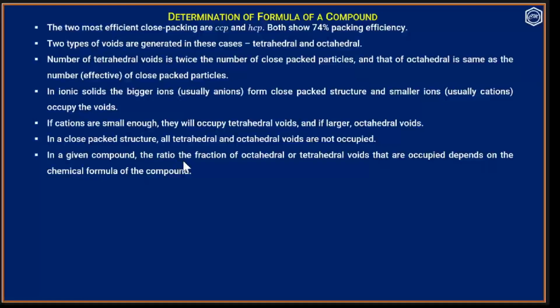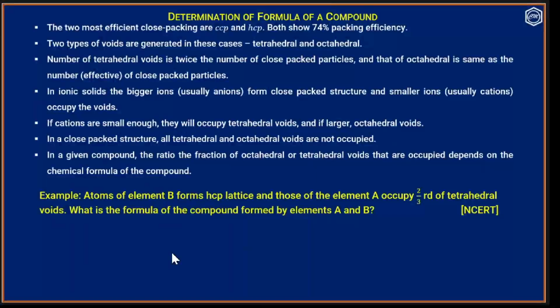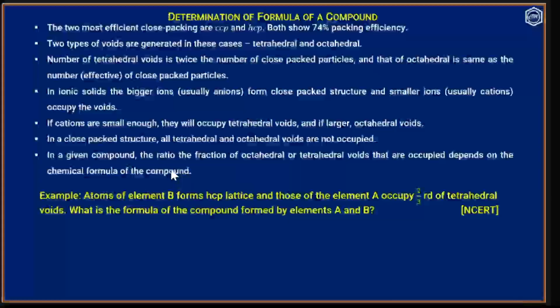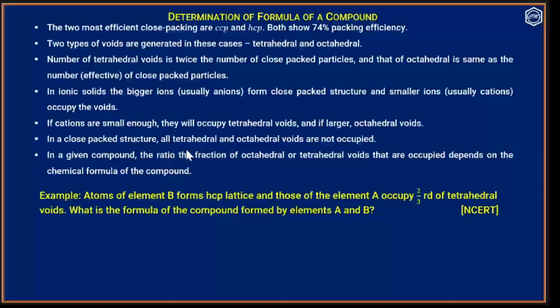The fraction of octahedral or tetrahedral voids that are occupied depends on the chemical formula of the compound. So we can find out the formula of a compound if we know how much of the tetrahedral and octahedral voids are occupied. Consider an example.